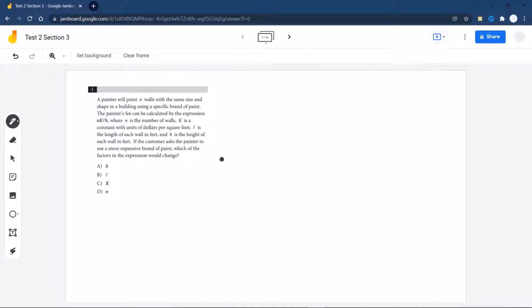Well, if we look at this expression, we're wondering which of these factors will change. L is the length of the wall in feet, k is a constant. If we look at k, for example, in this case, k is a constant, and it relates the units of dollars per square foot.